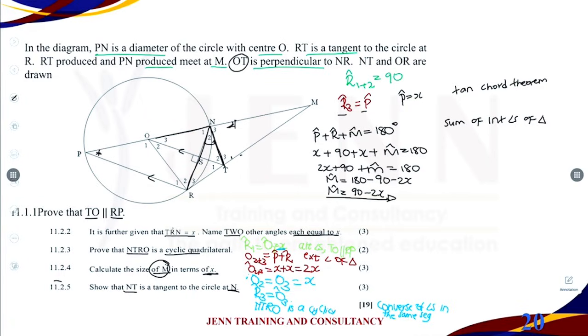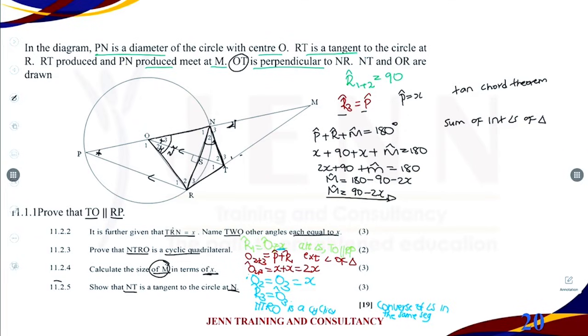NTRO is cyclic. So by now you know that I do have a circle there. Remember, angle O2 plus angle O3 is 2x. We also proved it. And O2 is x, and O3 is also x. Also proved.